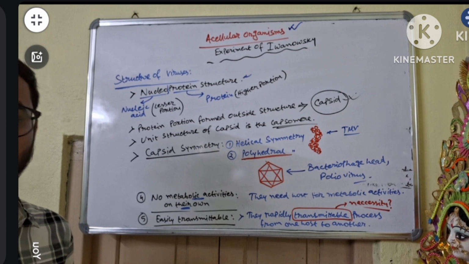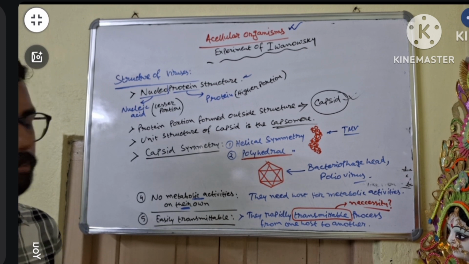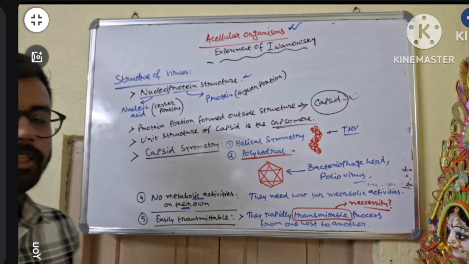So that is how the higher proportion of protein makes the structure of the virus. It is completed. Next is the nucleic acid.